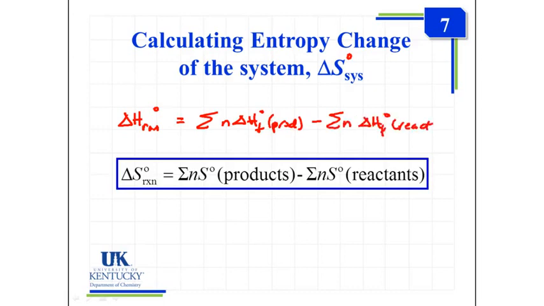So we went to tables, we were able to obtain those values, and we always had to look up delta H's. But now that we know about the third law of thermodynamics, we know we can talk about just entropy. We don't have to look up delta S's, but just entropies of the products and the reactants. But the process is so very, very similar to what you did with delta H of a reaction.